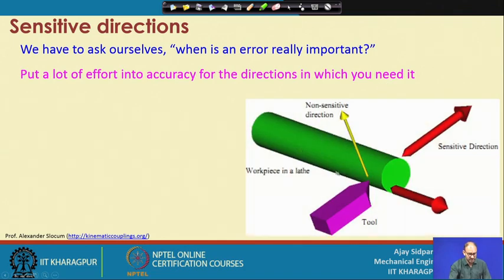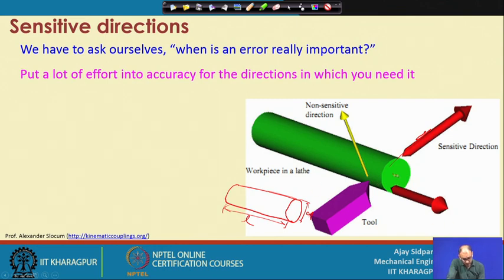So now consider this is the turning operation. What we get out of a turning operation is one particular component. This is the component we are getting out of it. And how do we specify this component? We specify it in terms of the diameter and the length, correct. So these are the two directions which are sensitive, because if your component or your machine is not stiff in this direction, you will not get a circular dimension.